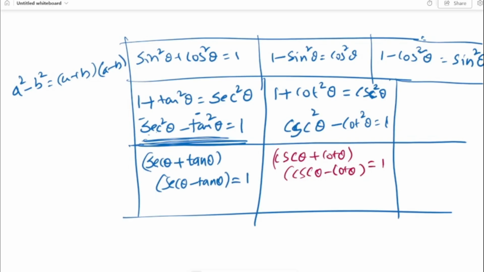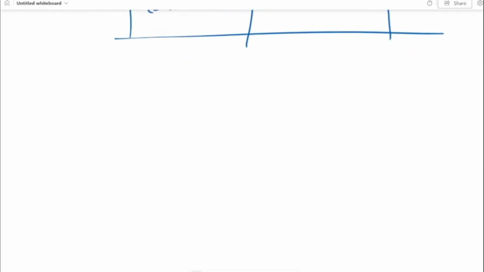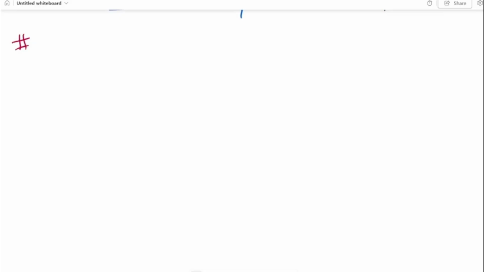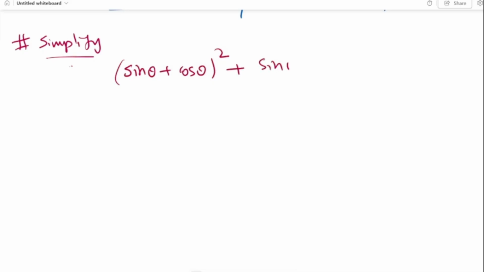Okay, let's solve some basic derivations. Let's say the question here is: simplify sin theta plus cos theta whole square plus sin theta minus cos theta whole square. If you look closely, this is a plus b whole square plus a minus b whole square.